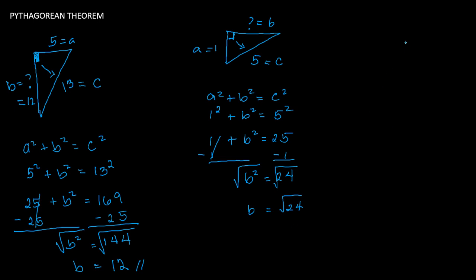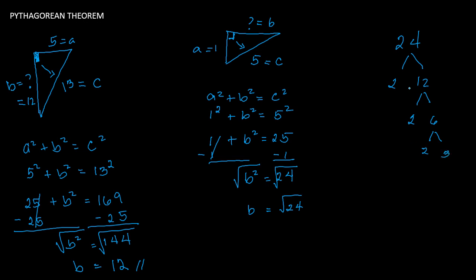How to do that? We do the prime factorization. So we have 24 here. 24 can be a product of 2 and 12. Then 12 can be a product of 2 and 6. And 6 can be a product of 2 and 3.